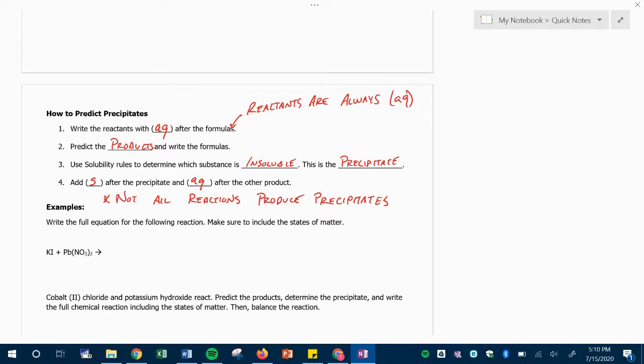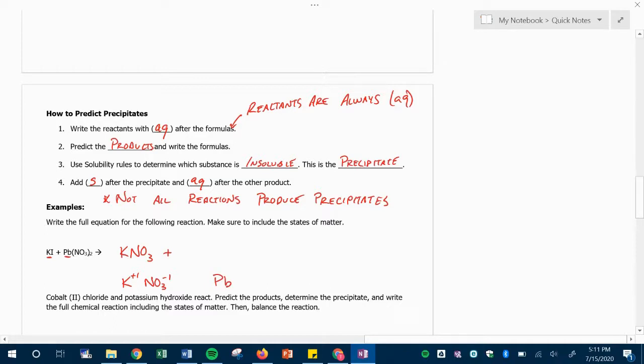We have KI plus Pb(NO3)2. With predicting our products, the Pb and the K are going to switch spots. So we're going to have first potassium nitrate. Let's look at some charges here. Potassium should be +1. NO3, one of our polyatomic ions we've seen a lot, is -1. So it's going to be KNO3 plus our other product, which is Pb now bonded with I. We need to figure out what lead's charge is.